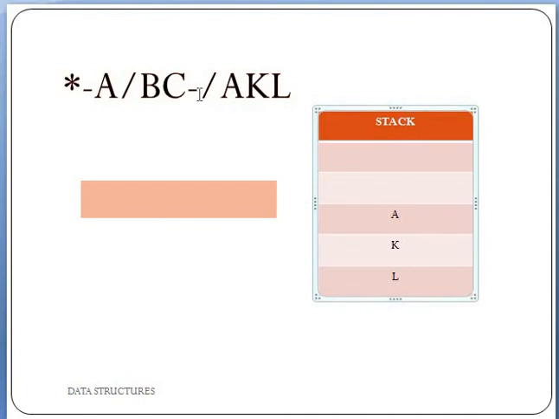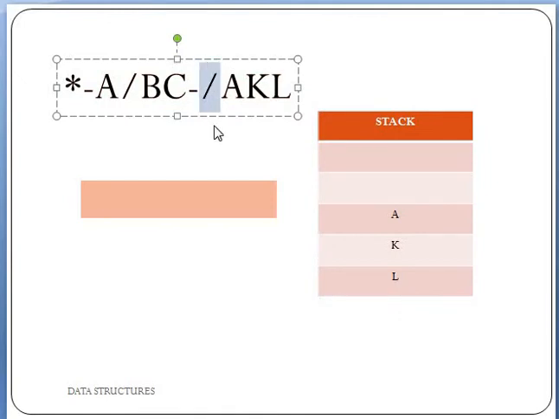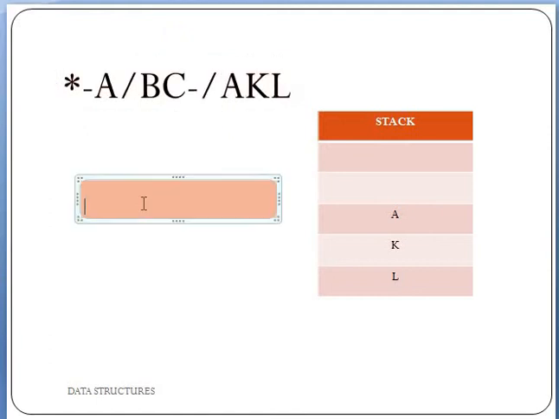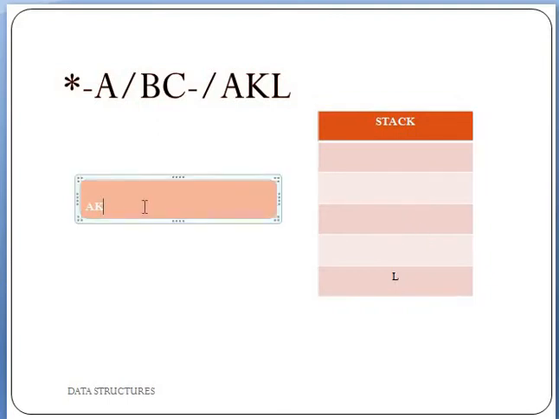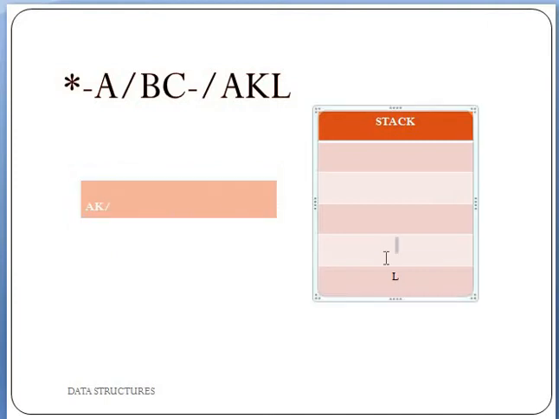Now we have got the division operator, so we pop out A and K, concatenate the division operator to A and K, and push the expression made by concatenating A, K and the division operator onto the stack.